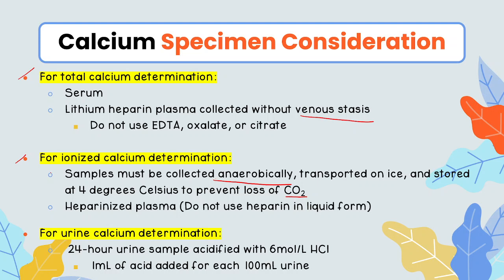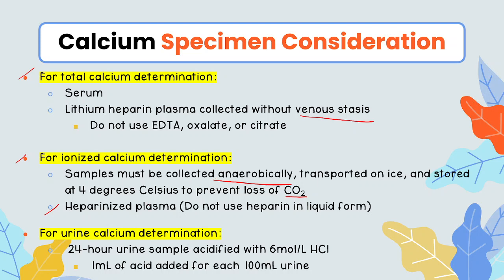So, here, if you prefer to use plasma, still heparinized na plasma siya, but make sure that the evacuated tube is in dry powdered form. As stated here, do not use your heparin in liquid form kasi usually kids, yung mga liquid form nyo, because it is a liquid, common talaga sa kanila is ma-overdilute yung mga blood samples, and that would greatly affect, again, the concentration of what you are trying to analyze.